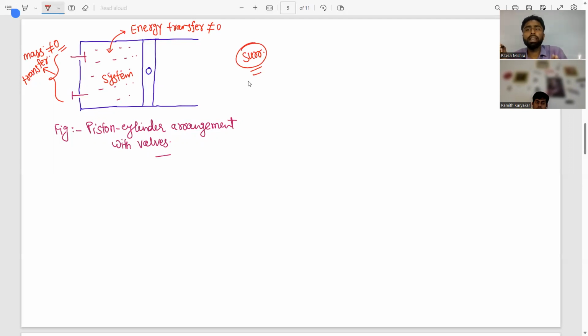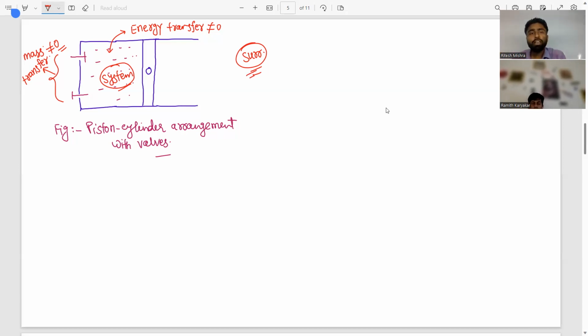So between the system and surrounding, there will be energy transfer. That depends upon temperature. If the temperature of the system is high, then heat will transfer from system to surrounding. And if the temperature of the surrounding is high, then heat will transfer from the surrounding to the system.